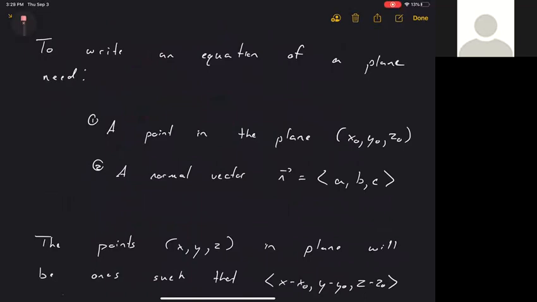Well, it turns out that if x sub 0, y sub 0, z sub 0 is a point in the plane, and n is the normal vector with components a, b, and c, we can form a vector orthogonal to n from any arbitrary point in the plane and this point. I've stated that poorly. Let me regroup for a second, and I'll try my hand at that again.